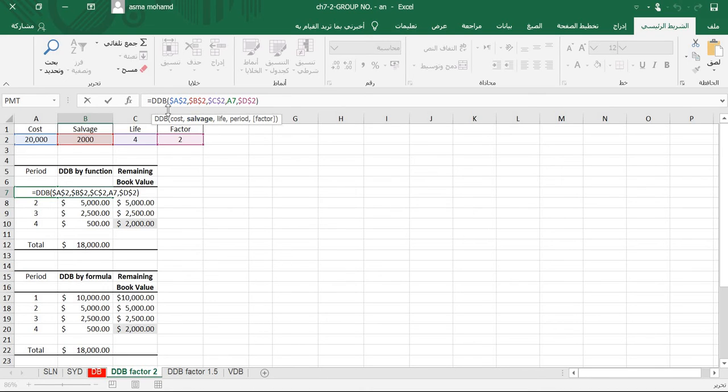Then the salvage is the B2, and now the life is C2, and then the period is here in A7, the 1st, 2nd, 3rd, and 4th period, and we did not have an absolute reference because we wanted it to change when we drag it.